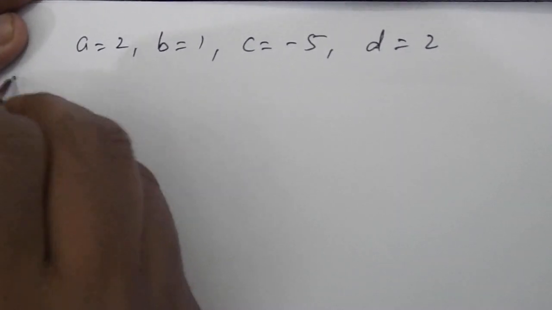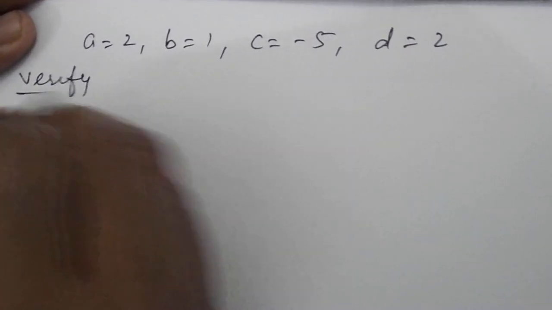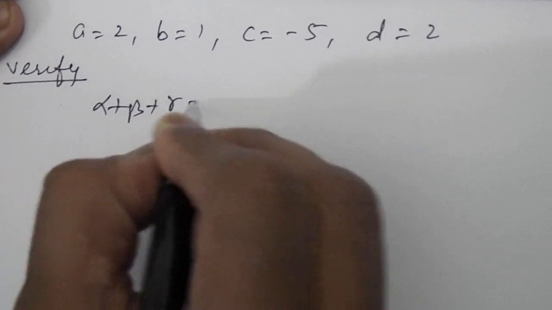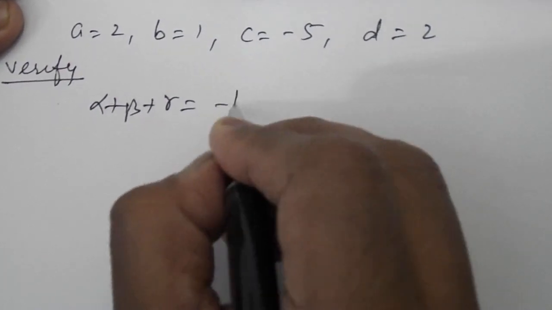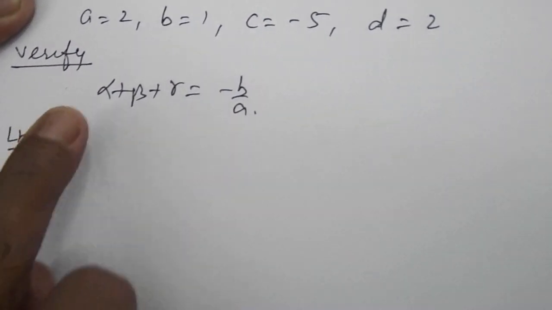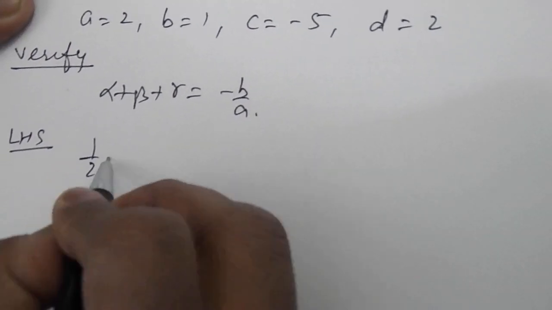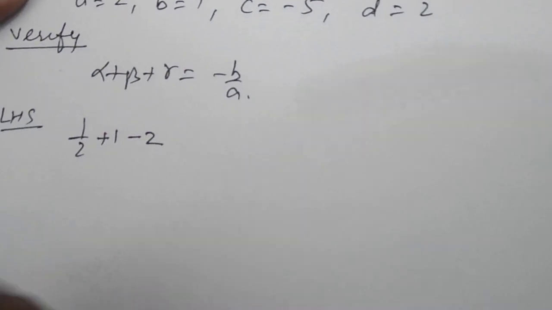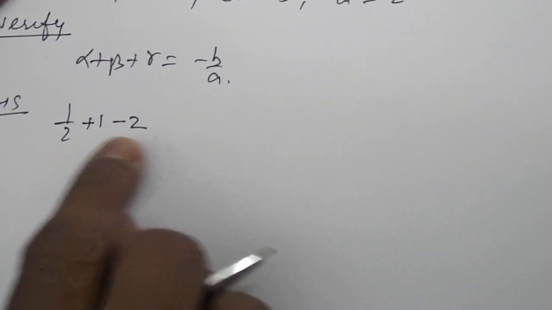First relation: alpha plus beta plus gamma is equal to minus B by A. Left hand side, alpha is half, beta is 1, and gamma is minus 2. Half plus 1 minus 2.